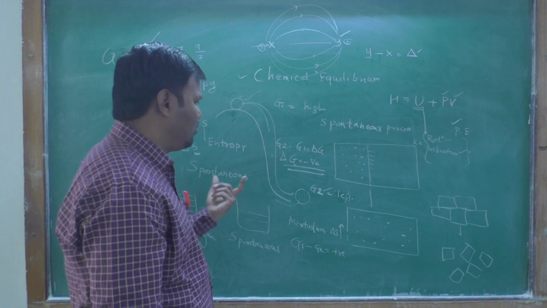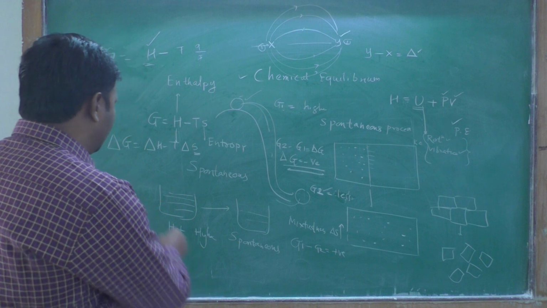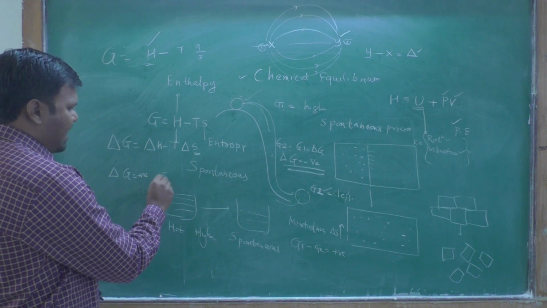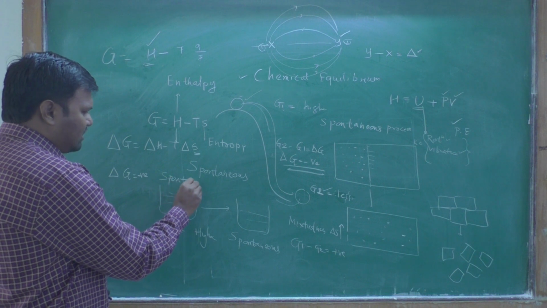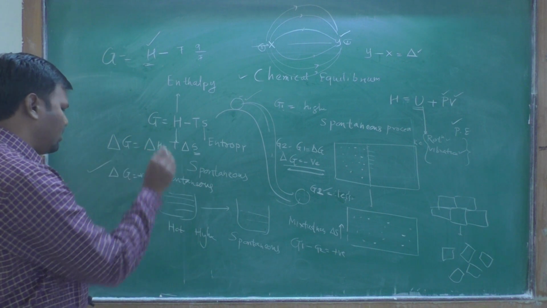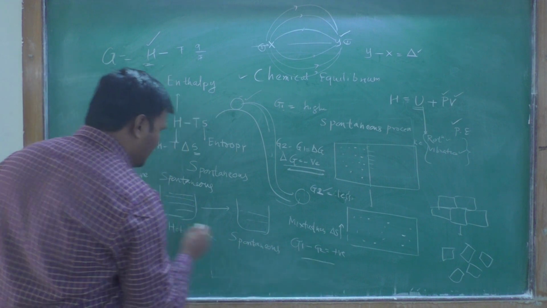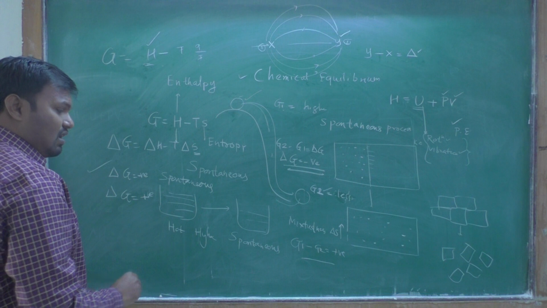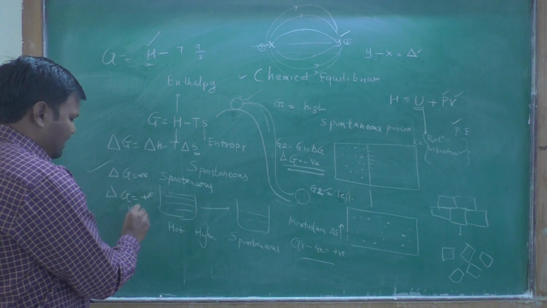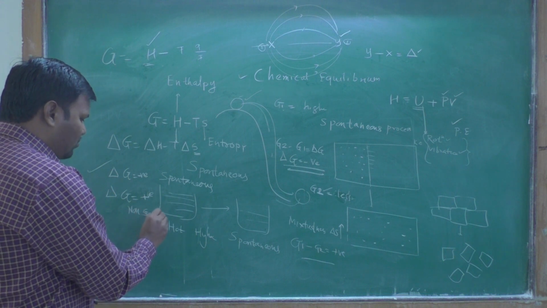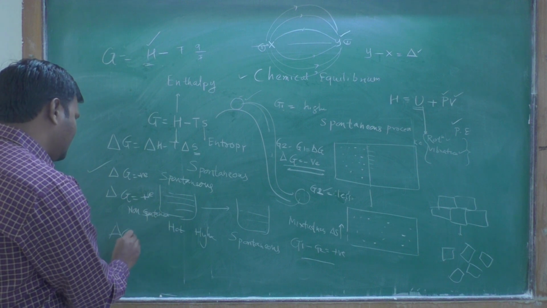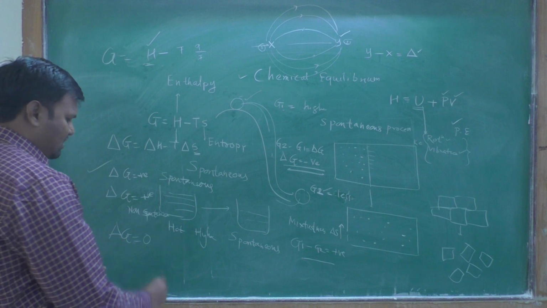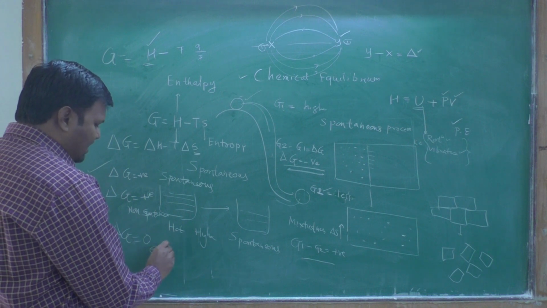Remember that two ways we can discuss. If delta G is negative, then the reaction or any process should be spontaneous. Second, if delta G is positive, it means it is a non-spontaneous process. If delta G is equal to 0, it means the reaction is at equilibrium.